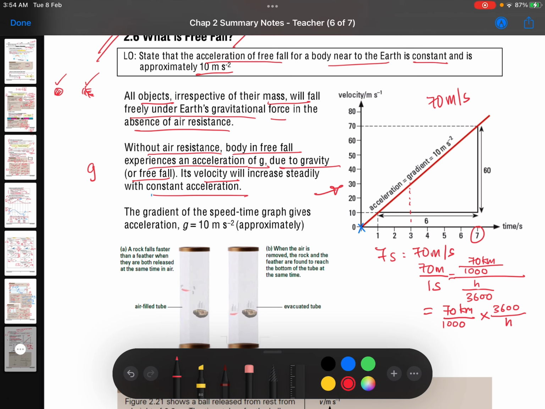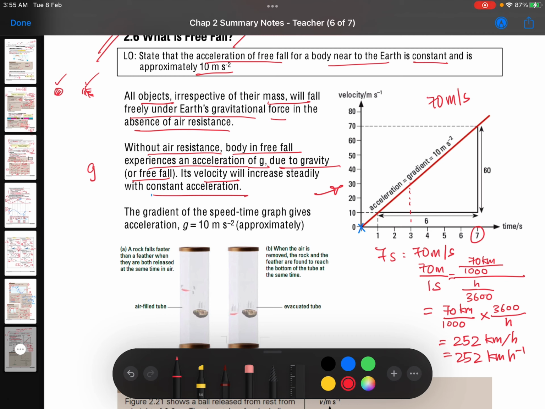So what you have is 70 times 3600 divided by 1000, which is actually 252 kilometers per hour, or 252 km h to power minus 1.